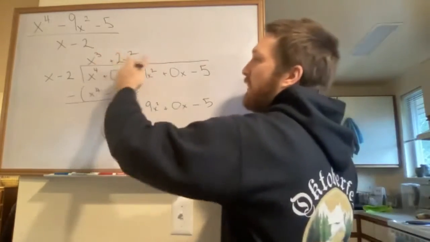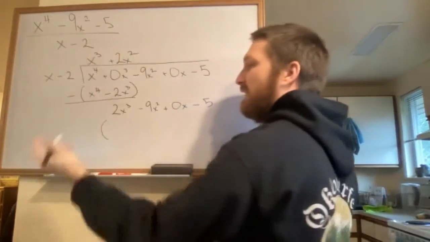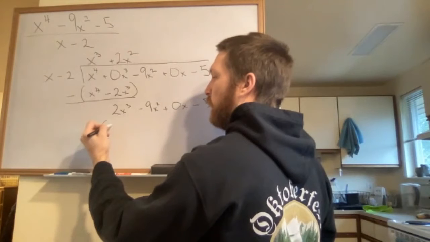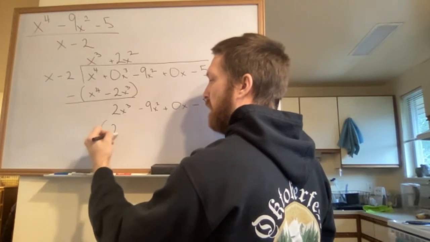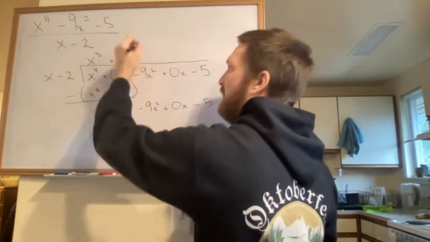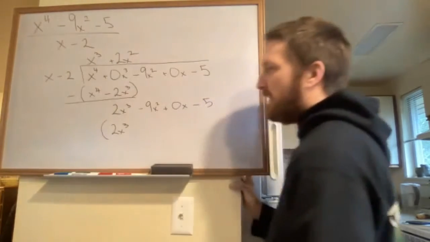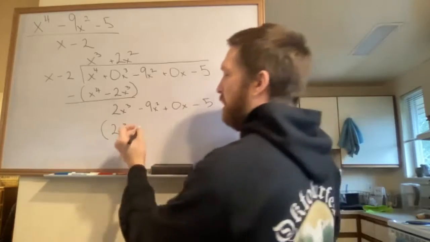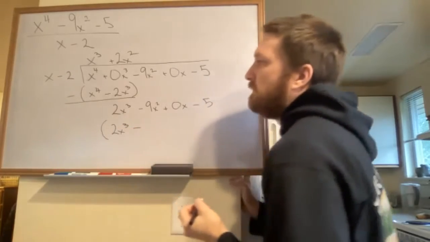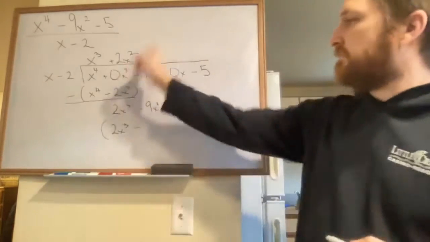The 2x squared hits the x and gives me what? 2x to the third. There we go. And then the 2x squared jumps in and hits the second term. Minus 4x squared is what I meant. Good.